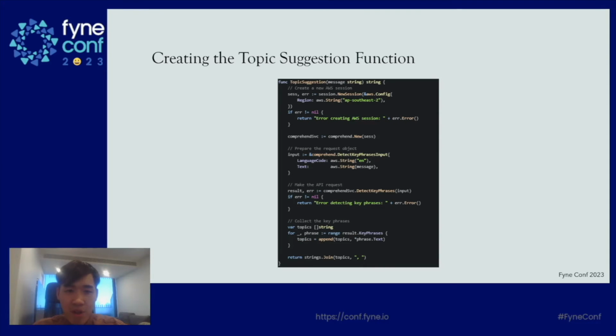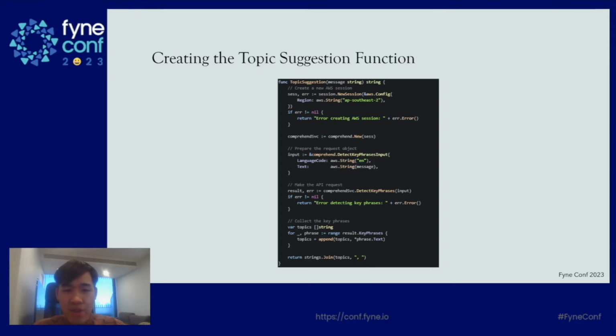It's a similar logic with topic suggestion as well, but we're sending these through with a different goal. In topic suggestion, we want to detect the key phrases within our input. So we're trying to find commonalities within our current text.